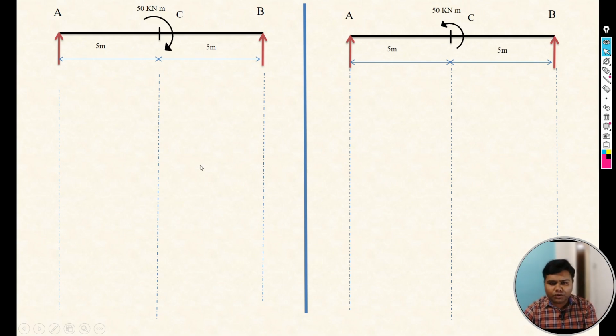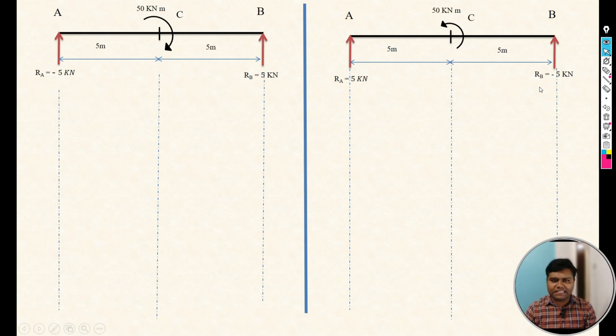So first, the support reaction at A point for the clockwise moment is minus 5 kilonewton and at B point is 5 kilonewton. When the moment is anti-clockwise, the support reaction at A point is plus 5 kilonewton and at B point is minus 5 kilonewton.